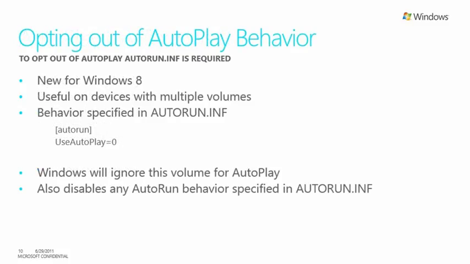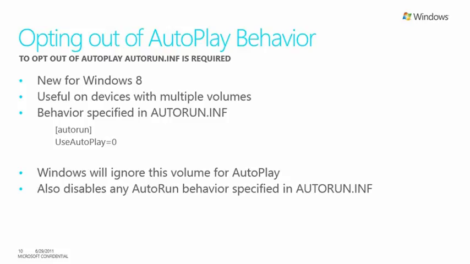So, opting out of AutoPlay behavior. The way we do it is new for Windows 8, at least from the device side. It's pretty useful if you have multiple volumes on a device and you don't want each of those volumes to pop up if they're not seen by Windows as a single device, a single piece of plastic.